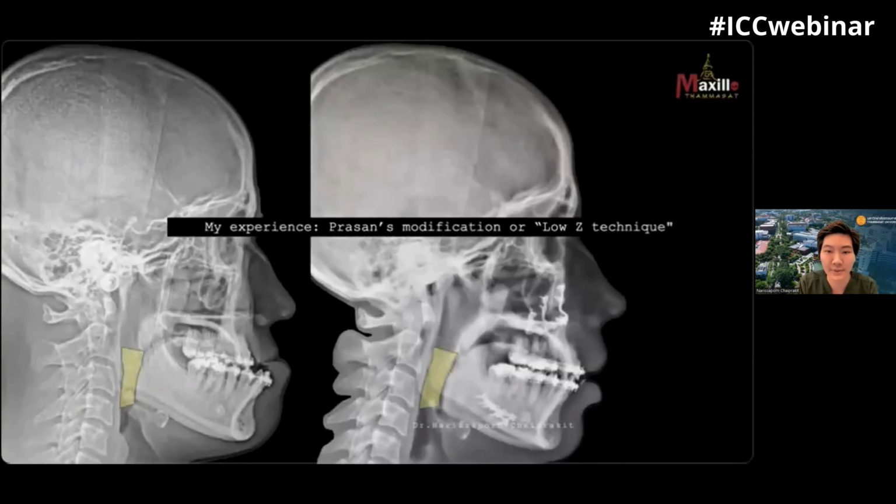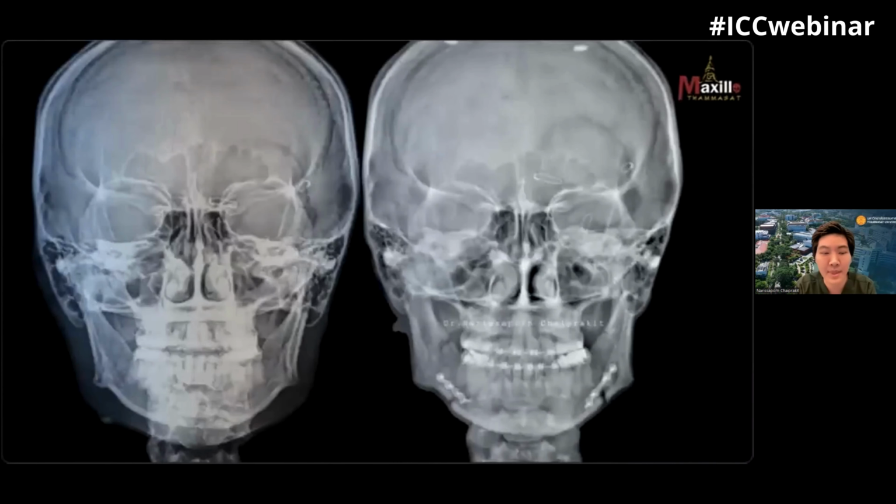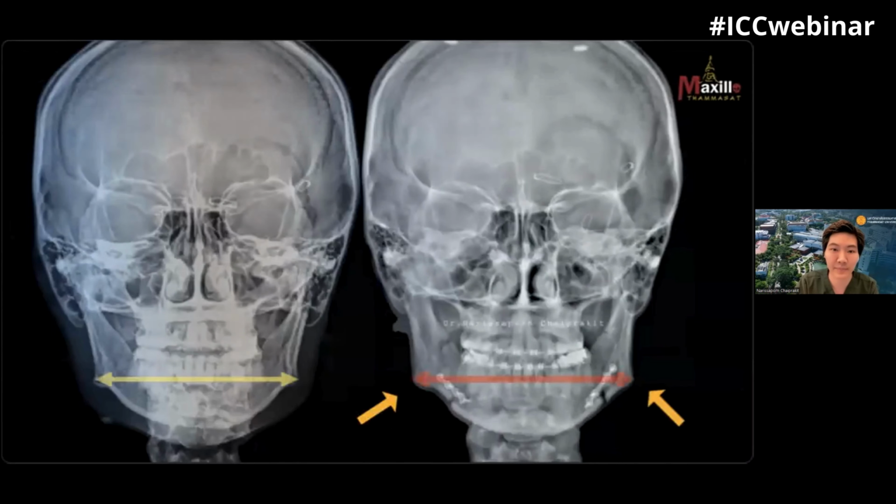I have experience with the ROSI technique, and I have noticed that we can preserve the airway dimension even with a large amount of mandibular setback. However, I have seen that the gonial angle width was wider after surgery.